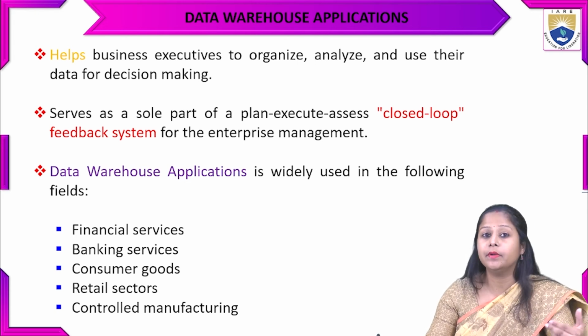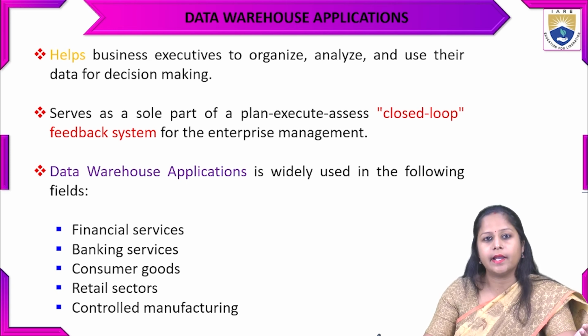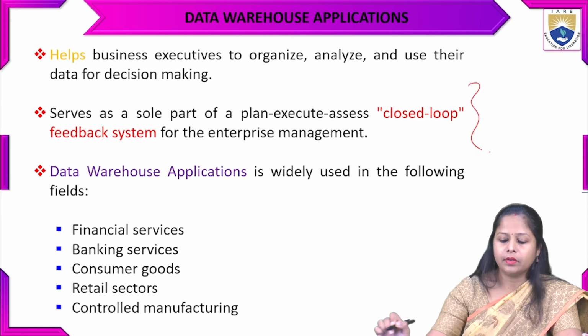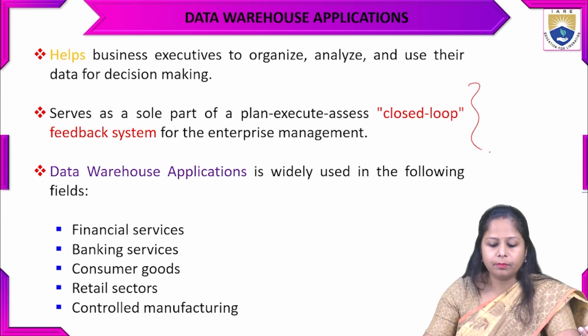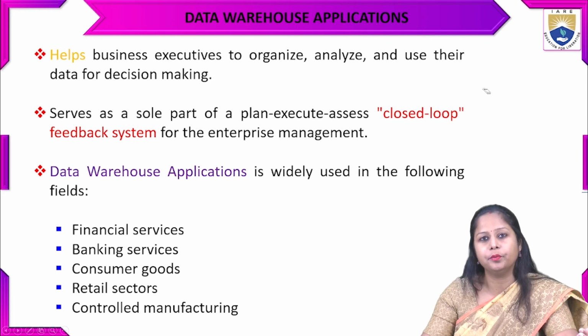The data will be based on the business model and different industries. So it is going to help different business people analyze the data from the data warehouse. It serves as a sole part of a plan, executive access, we can say a closed loop, so there will be a feedback system for the enterprise management.